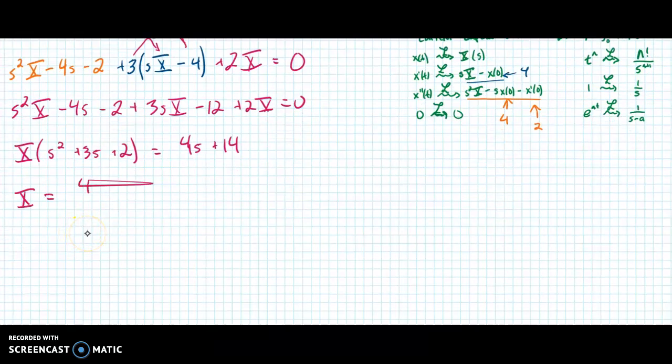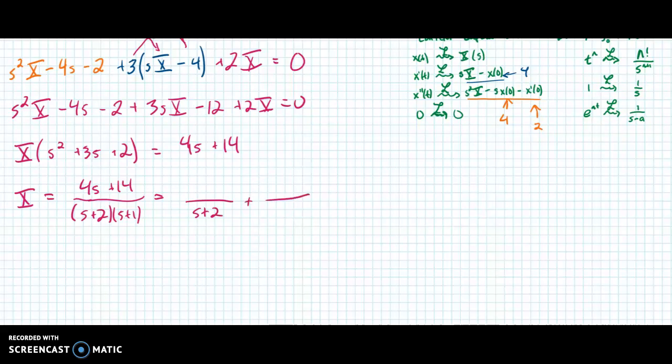X is 4s plus 14 all over, I'll factor it all at the same time as I divide, s plus 2 times s plus 1. And then here's where I do my cover-up. That's something over s plus 2 plus something over s plus 1. So I cover this entire piece up, plug in a -2. That gives me -8 plus 14.